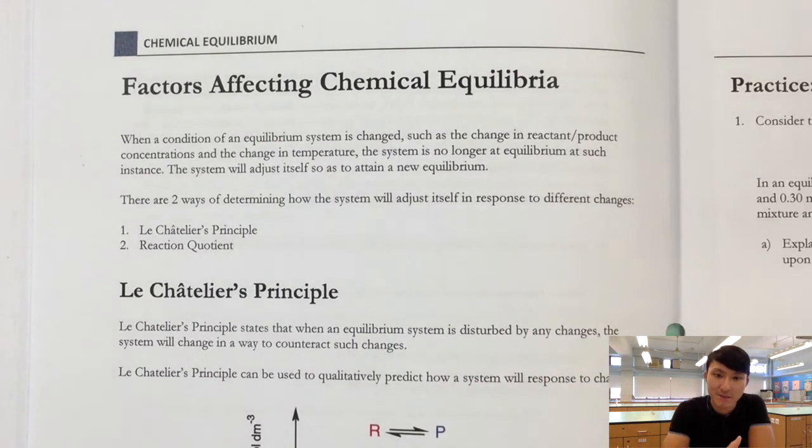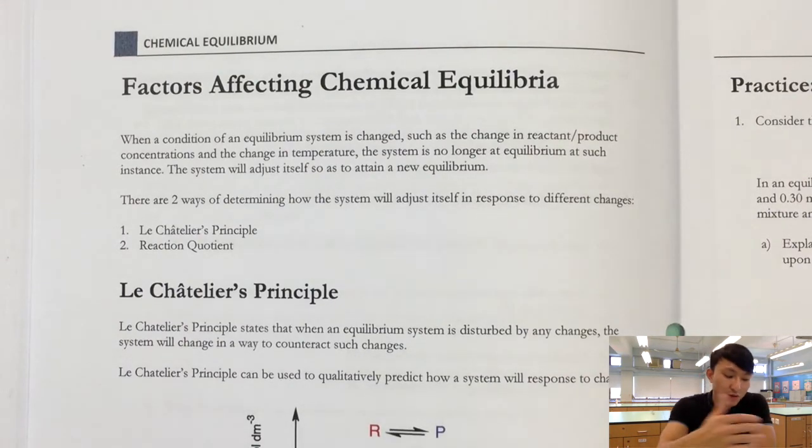When a system is exposed to these changes, first of all, it is no longer at the equilibrium state, right? It is changing from an equilibrium state to a non-equilibrium state. And secondly, the equilibrium system will actually respond to such a change.